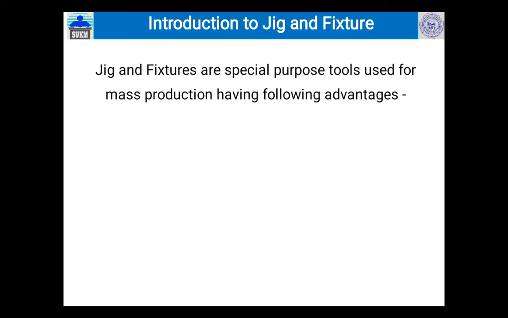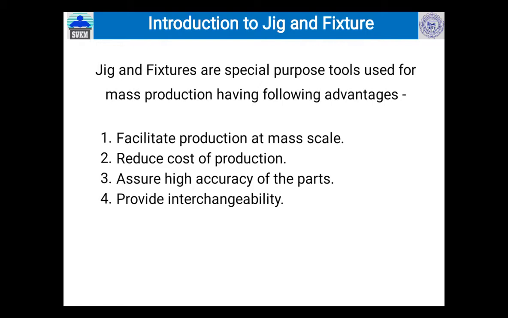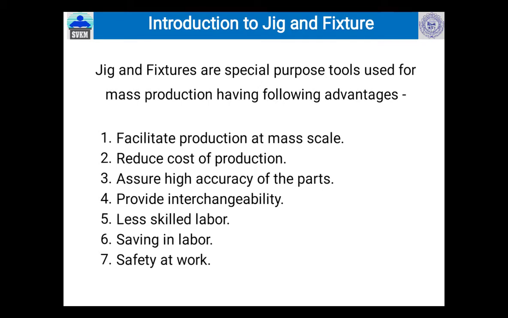Introduction to jig and fixture. Jigs and fixtures are special purpose tools used for mass production, having the following advantages: facilitate production at mass scale, reduce cost of production, assure high accuracy of the parts, provide interchangeability, less skilled labor, saving in labor, safety at work.